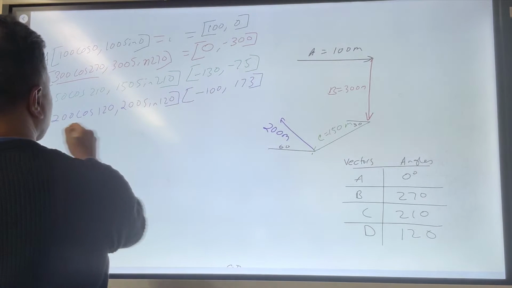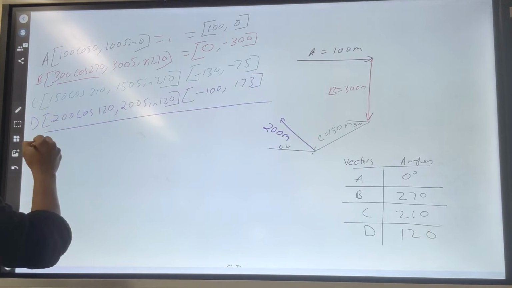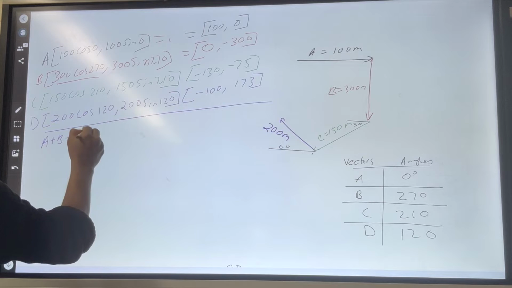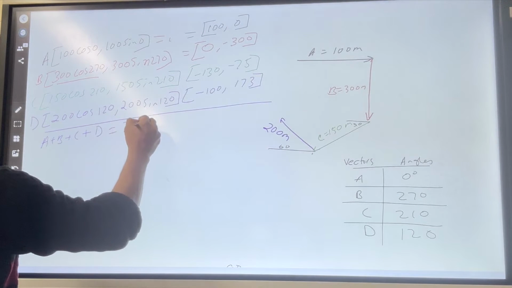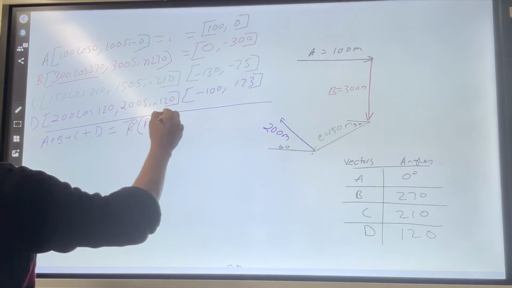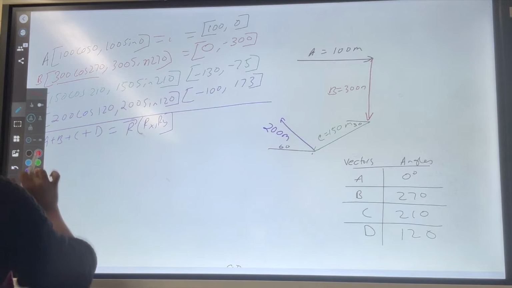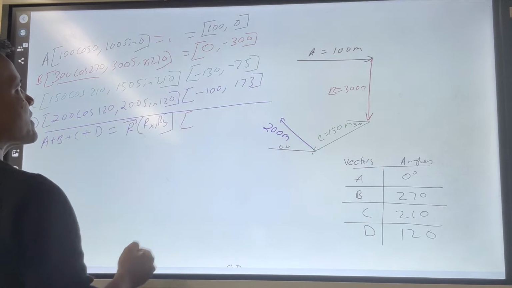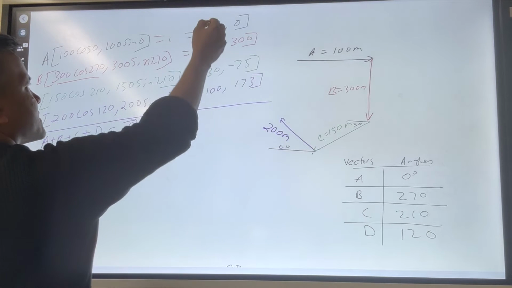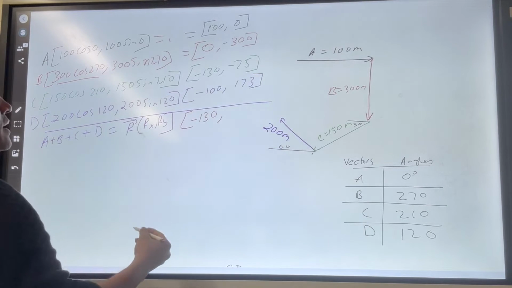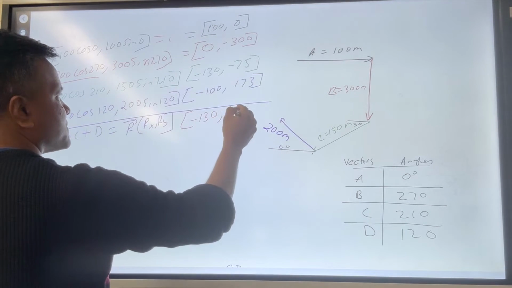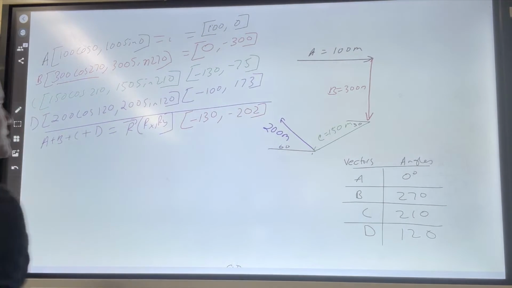Okay, so now vector A plus B plus C plus D is equal to the resultant vector, Rx comma Ry. What is Rx? 100 cancels, so negative 130. Ry is negative 202. Okay, great.